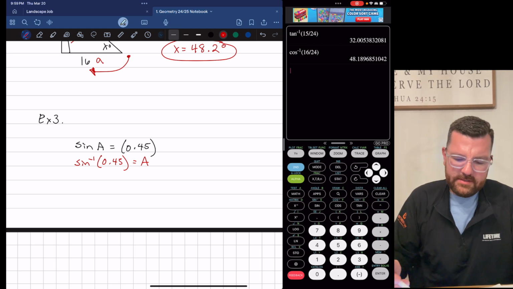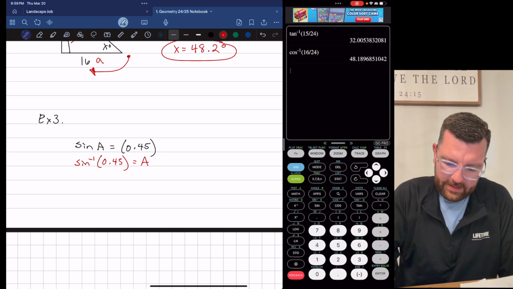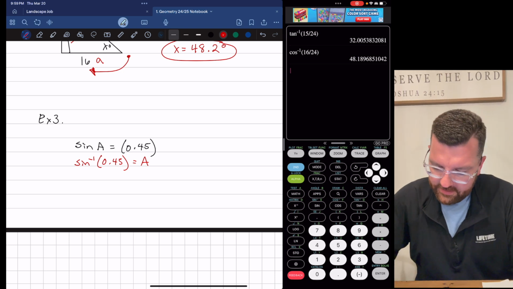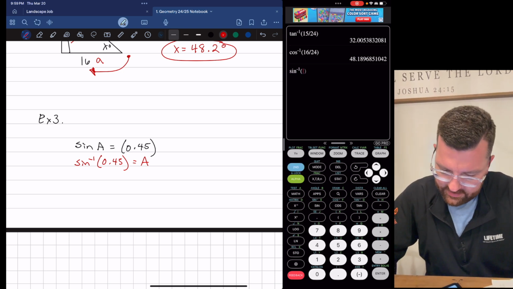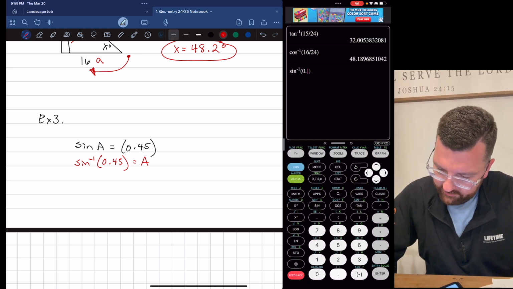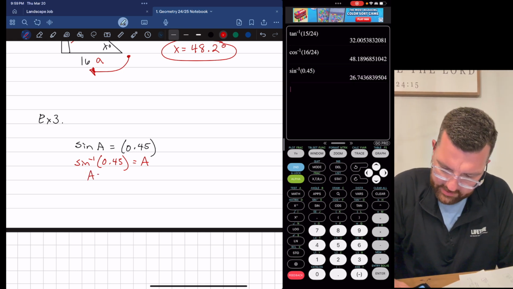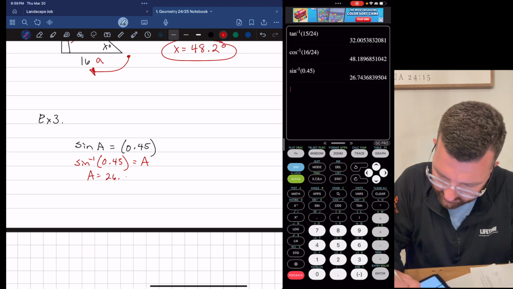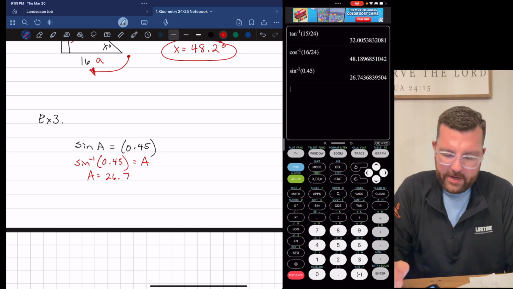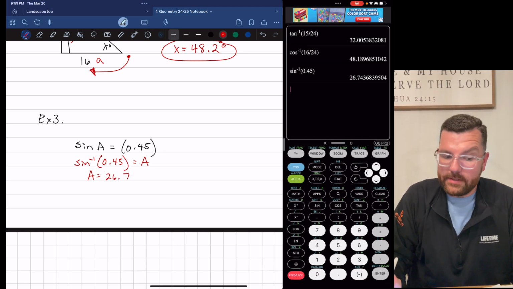Does that make sense? And then you type that in the calculator. Second sine 0.45, close parentheses, and that's the degree measurement. Angle A equals 26.7 if you're rounding. It's pretty easy.